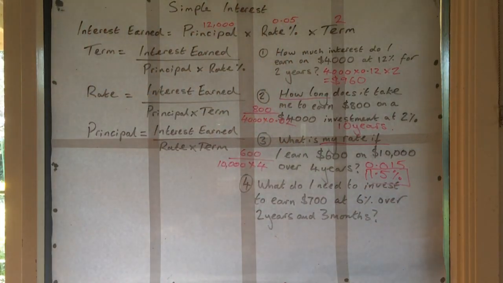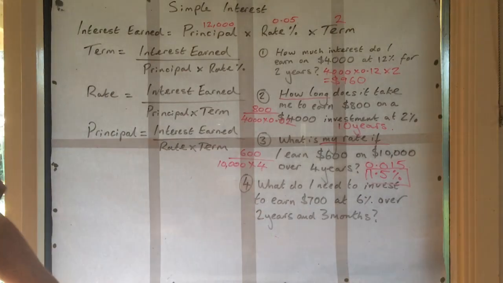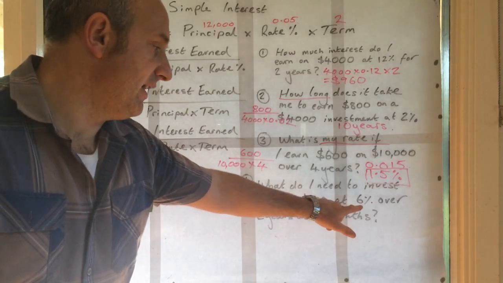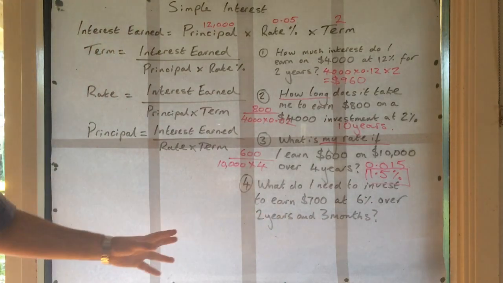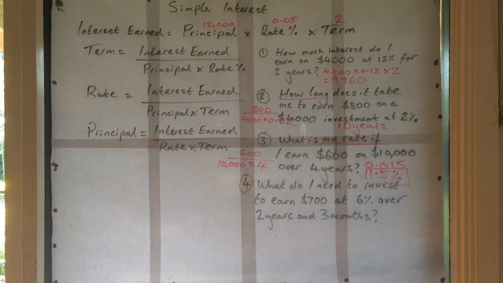Okay, next one. What's the principal I need to invest to earn $700 at 6% over 2 years and 3 months? Now, 2 years and 3 months, what's that? That's 2.25 years. So now we're working out the principal. How much money do I have to invest?